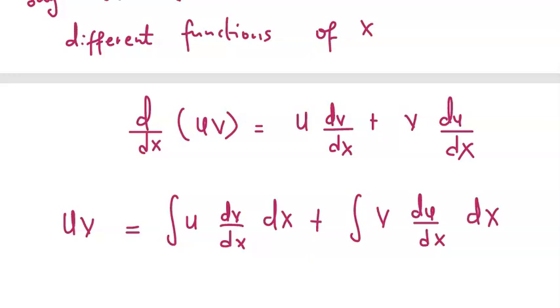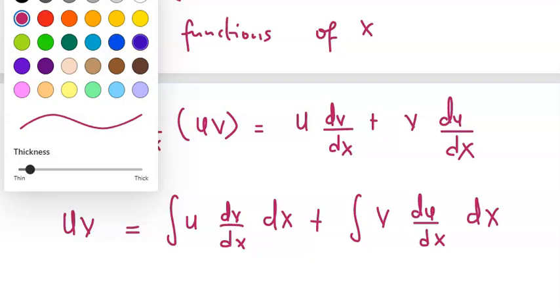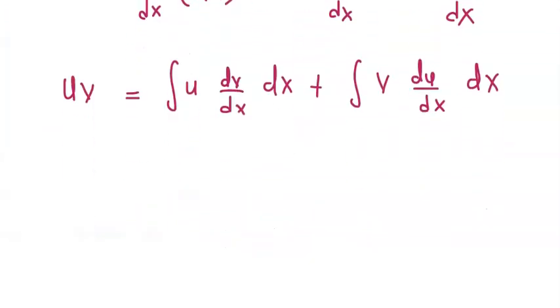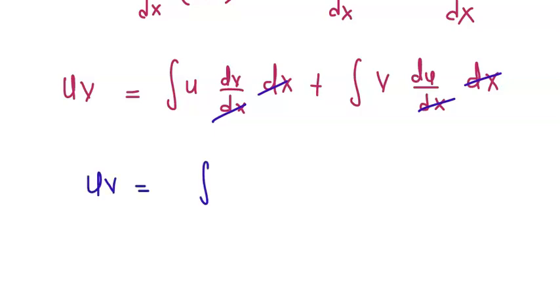Are you with me? Okay, so can you figure out what is going on? Something really cool, right? So there are some nice cancellations going on, this and this, this and this. So now you get uv is equal to the integral of u dv plus the integral of v du.